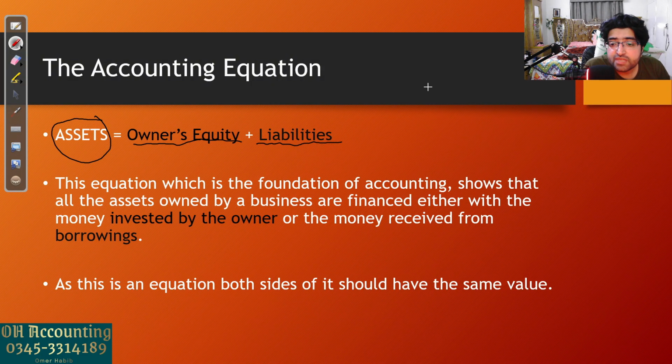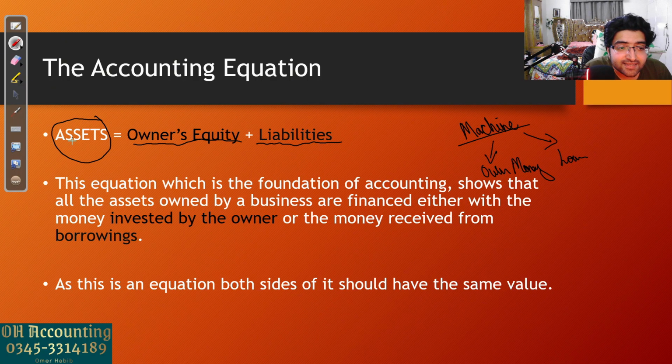For example, if you want to buy anything, let's say you want to buy a machine, what are the two ways in which you can pay for this, or in which you can buy this? First of all, you can use your own money, right? Own money, which in that case will be called capital, or you can take a loan from someone to buy this machine, right? There's no other way.